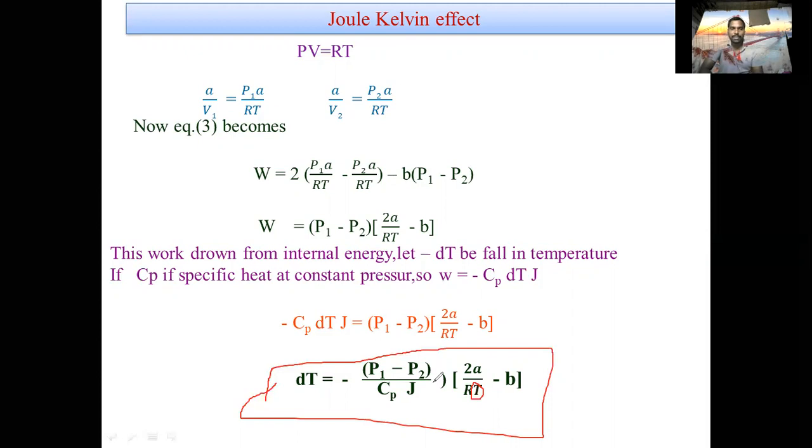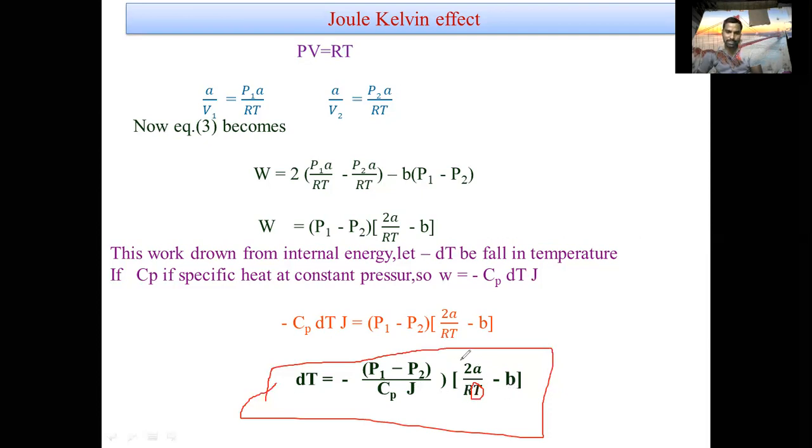At the inversion temperature there is no change. Above the inversion temperature, there is the heating effect. That result is discussed through this final equation, dT is equal to minus (P1 minus P2) divided by CpJ, into 2A by RT minus B.